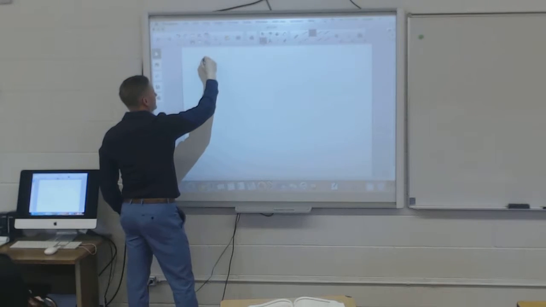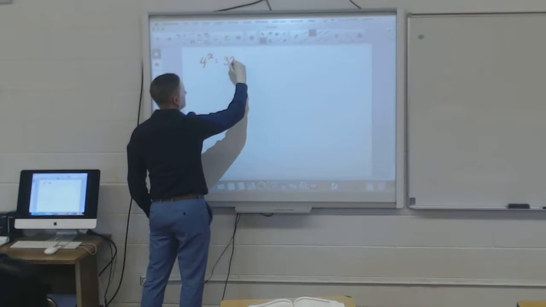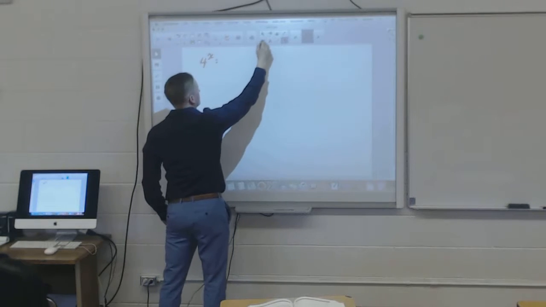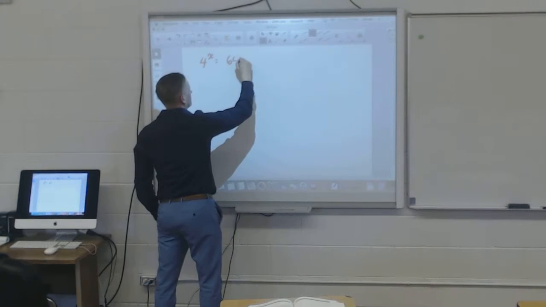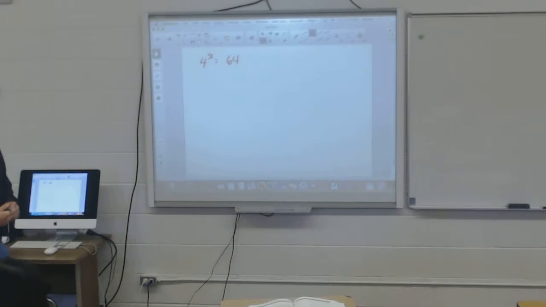If I'm given this as an equation, then I have to solve for x here. So I got 4 to the x equals 64. It's not exactly the ideal question, but it'll work anyways.